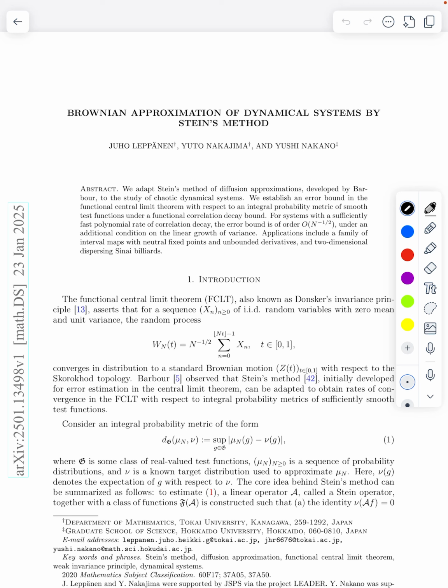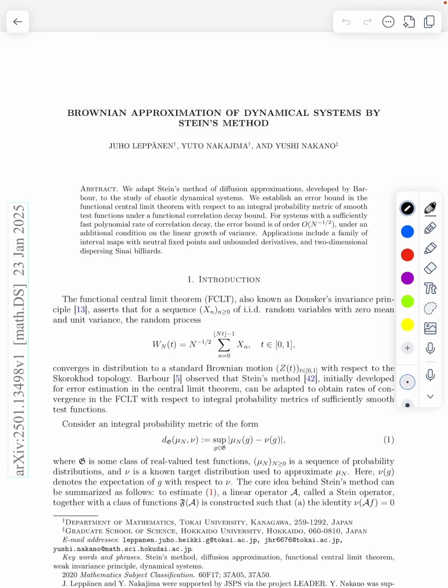And so the trick is that we introduce this so-called Stein operator, which acts on a separate class of functions, okay? And we know that for every g in the original class of functions that we want to test against, we can solve this equation.